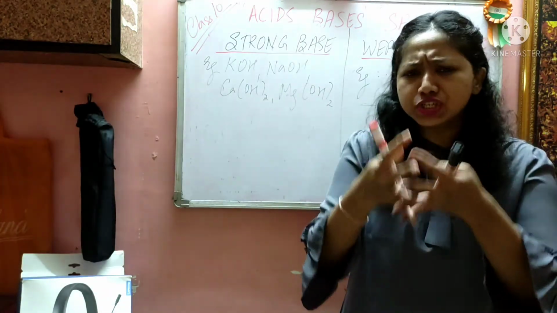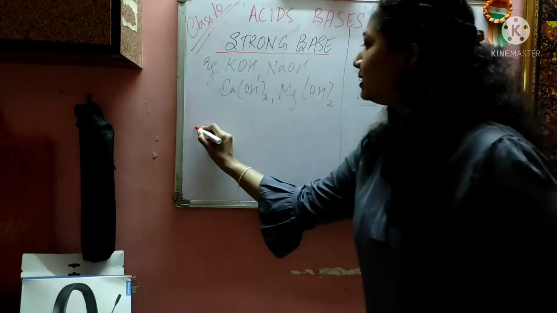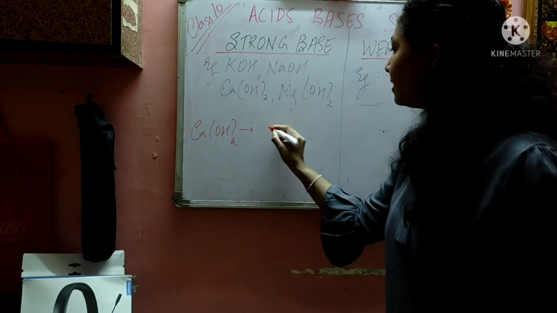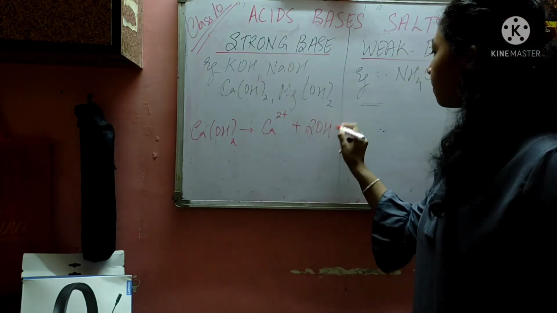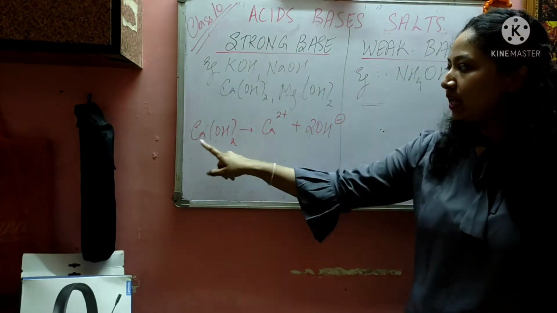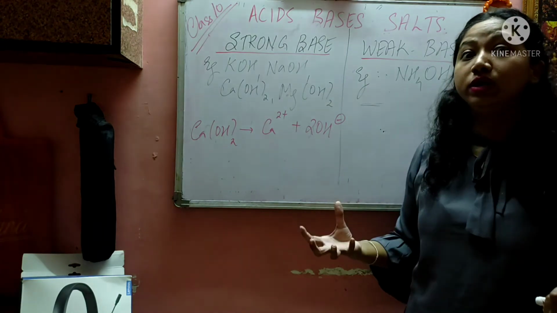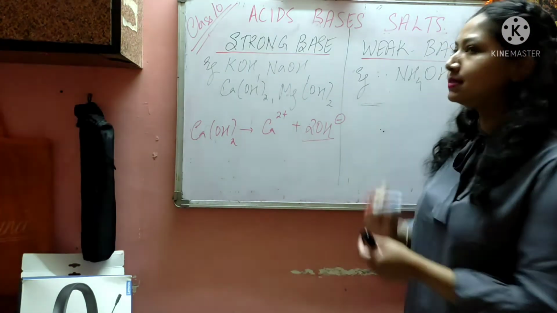What are strong bases? The bases which dissociate completely in water. We have already seen the example: when you dissolve calcium hydroxide in water, it dissociates into calcium ions and OH minus ions.